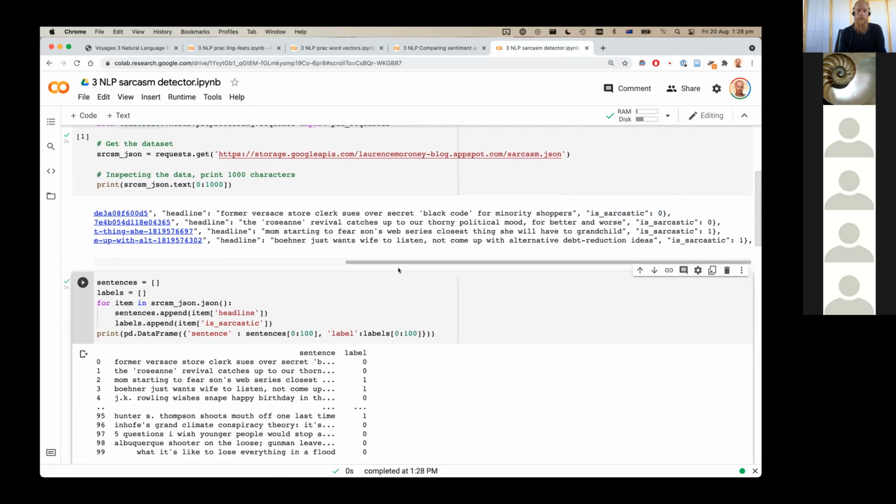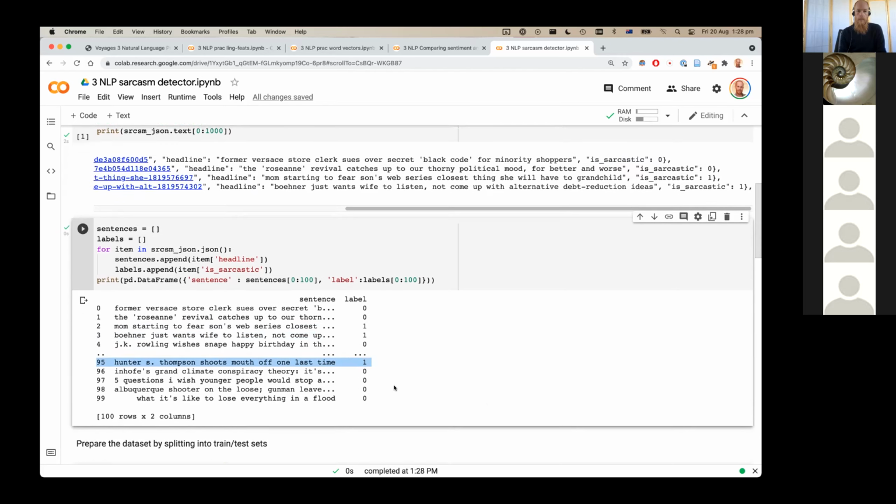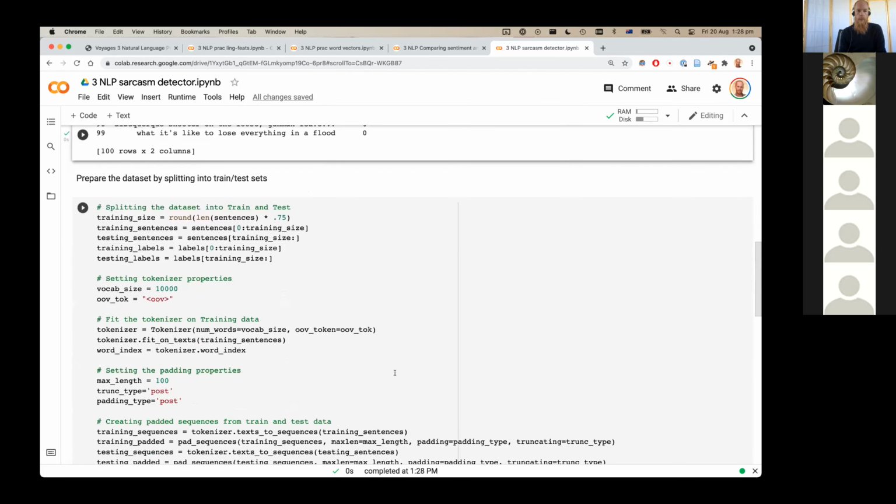We'll make a data frame that has some sentences, which will just be slices of these headlines, and the label: is it sarcastic or not? Here are some of our sarcastic headlines. And now for training this system, we first need to split the data set up into a testing and training set.